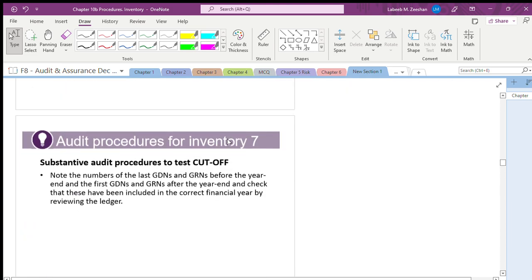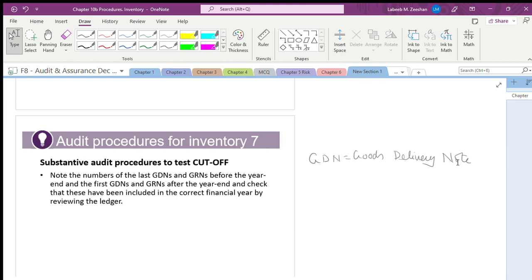Cutoff, you should have a very clear idea. It is the date. Now see the things. We have GDNs, which is nothing but goods delivery note. Goods delivery note is applicable to sales.